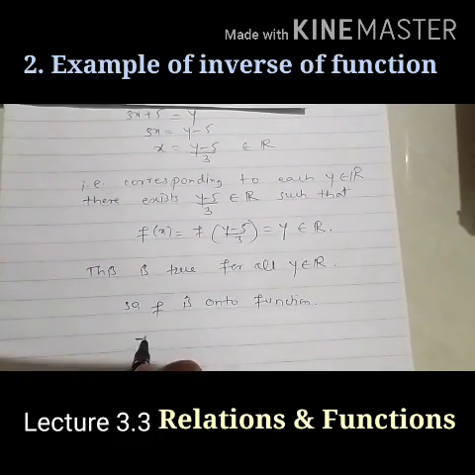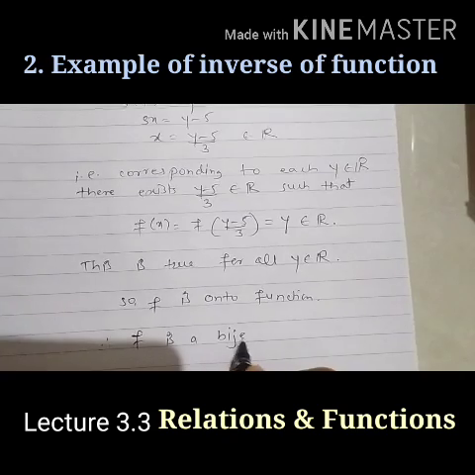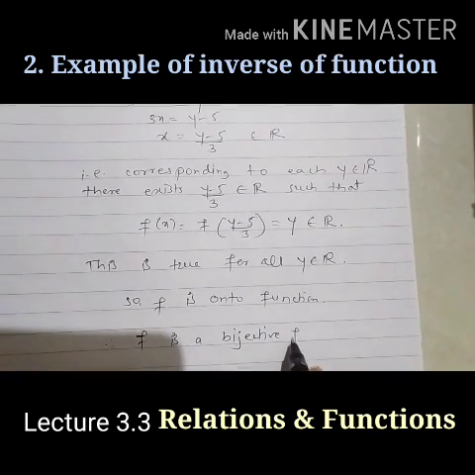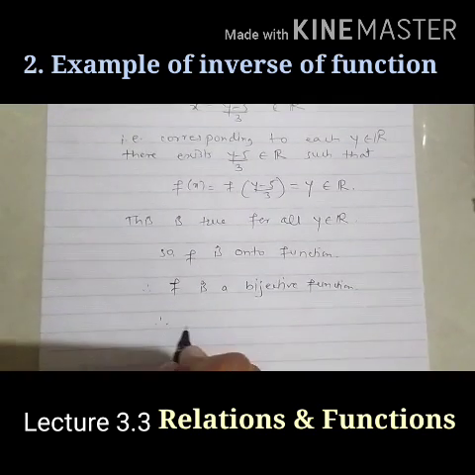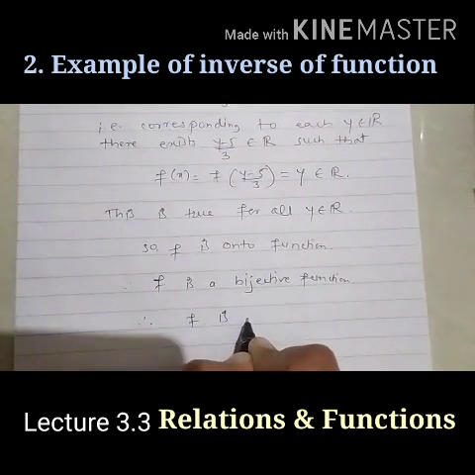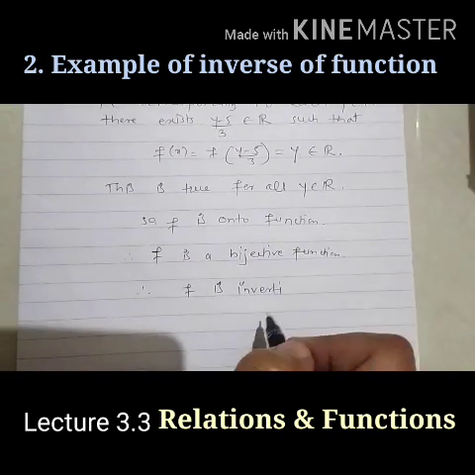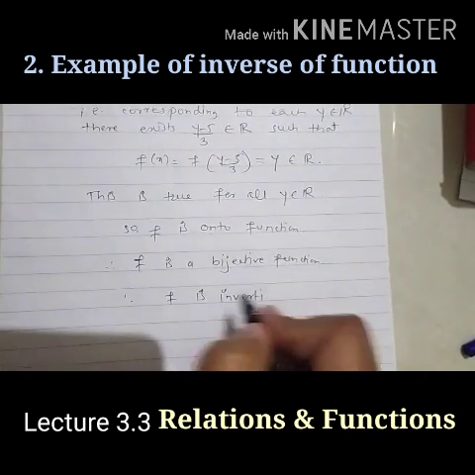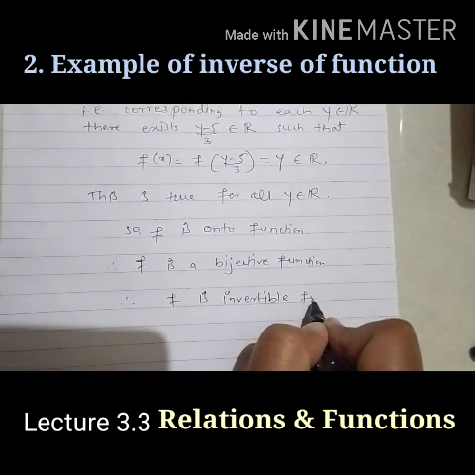So clearly, therefore, f is a bijective function. So therefore, f is invertible. Whenever f is bijective, only then can we define the inverse of function f. So f is an invertible function.